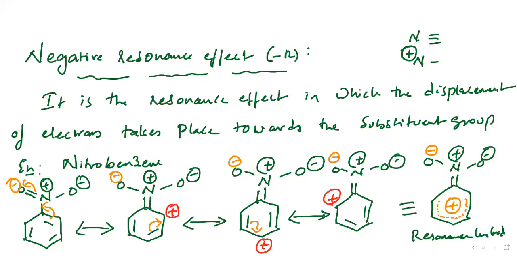Is it clear, students? Have you understood? So nitrogen can form only 3 bonds. If it is forming 4 bonds, we have to show a positive charge, because it can form only 3 bonds. If it is forming one more bond extra, we have to show positive charge. Understood?